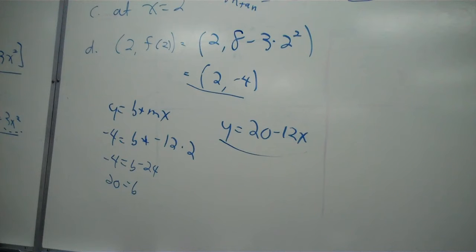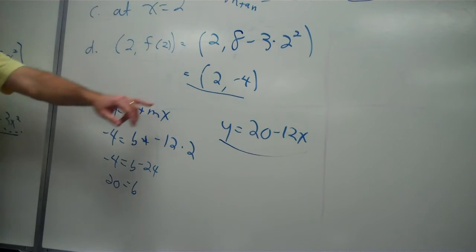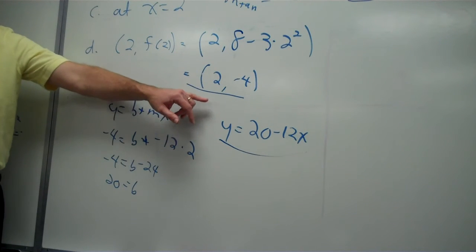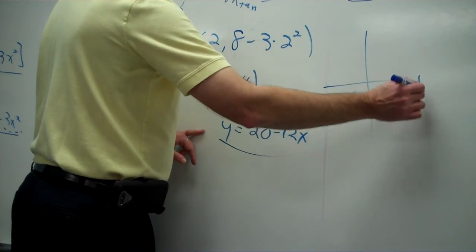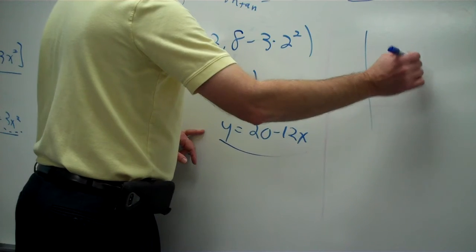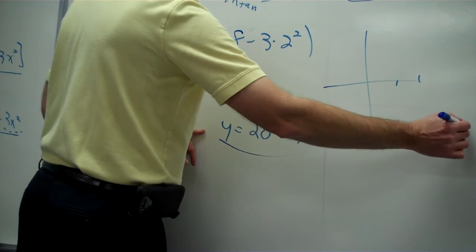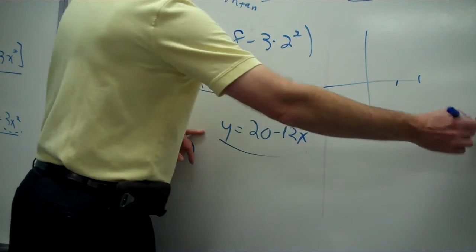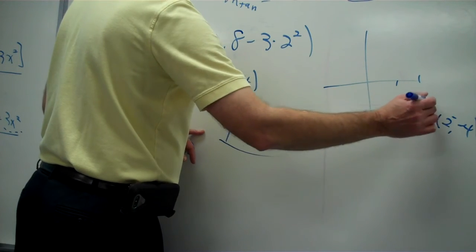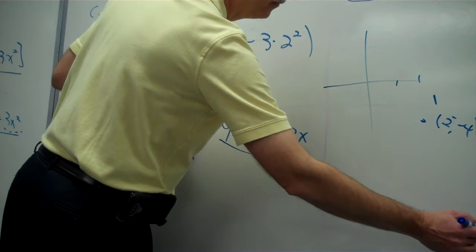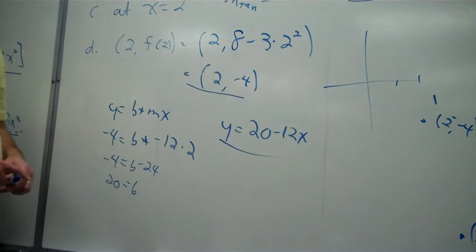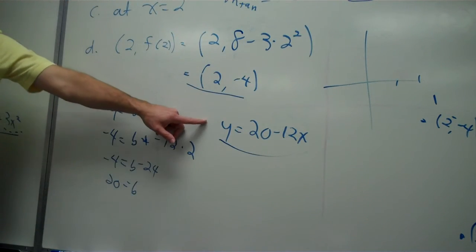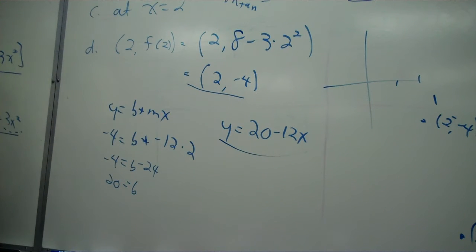If we were going to change the input by 1, so move from the point to negative 4 to the point where x equals 3, over 1 we're going to drop 12. We should go to 3, negative 16. That's the point we get on the line, 3, negative 16.